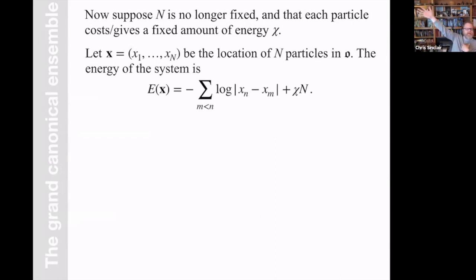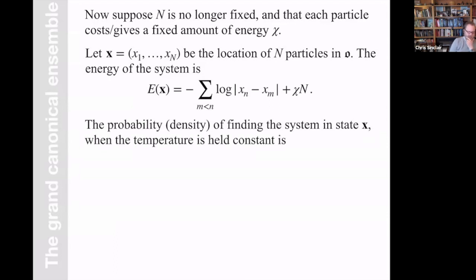I'm also borrowing energy from that heat bath. But the cost per particle is what I'm calling chi. Sometimes that's called the chemical potential. And then when you set up the energy, it is the cost per particle minus the log of the absolute values of the distances between the particles.